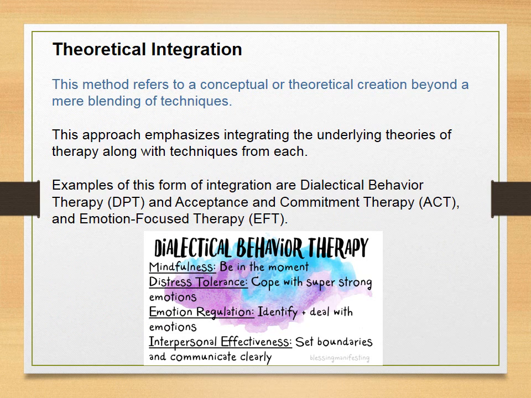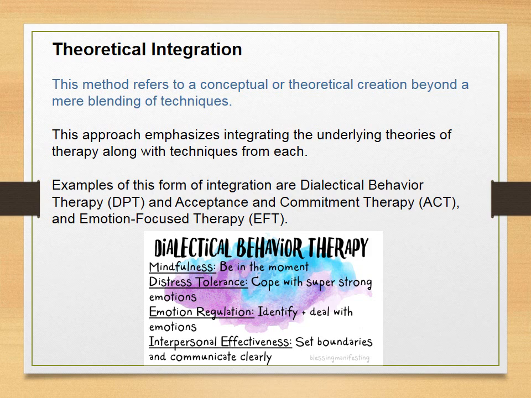This method, theoretical integration, refers to a conceptual or theoretical creation beyond a mere blending of techniques. This approach emphasizes integrating the underlying theories of therapy along with techniques from each.